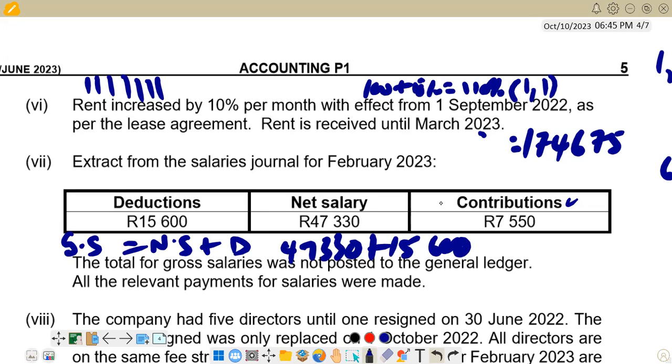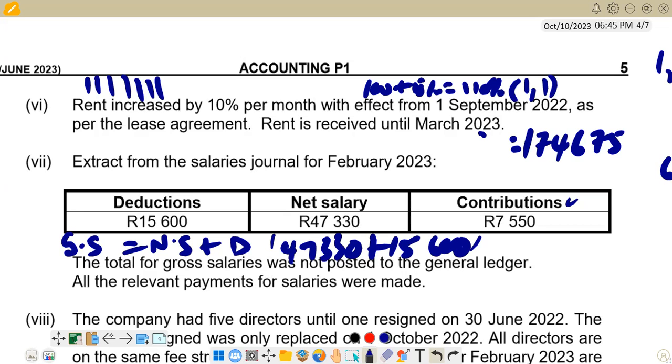And remember, according to the table that we are given, these contributions are for this employee, and they are inside the deductions. So we are just going to say net salary plus deductions. This is the information that is not included in the salaries and wages that we have. So we take the amount that we are given in the list of balances, and we add 47,330 and also add the deductions of 15,600.